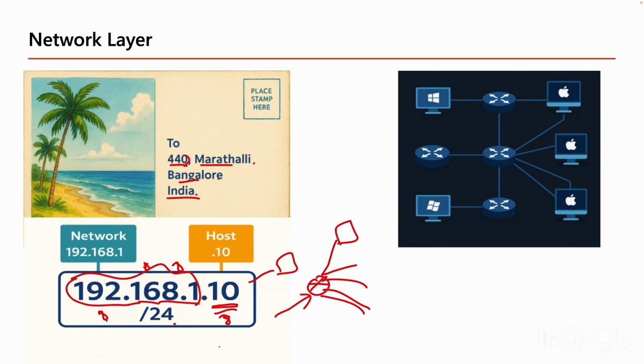Okay, sure. So now we know how the addressing works, right? The network layer is responsible for finding out the end address. There are many protocols to find that out. You type google.com, and we don't know what the address of google.com is.